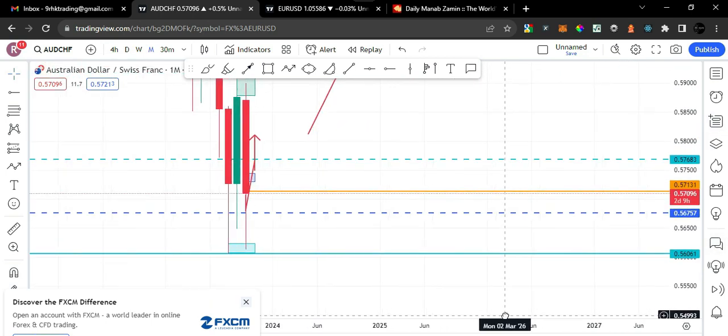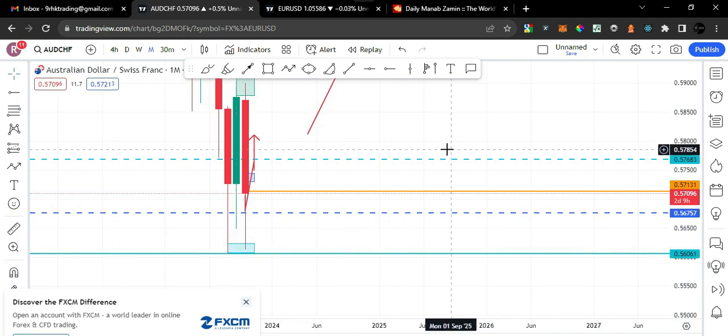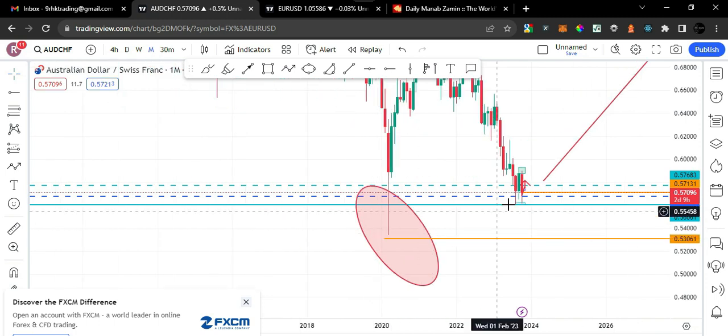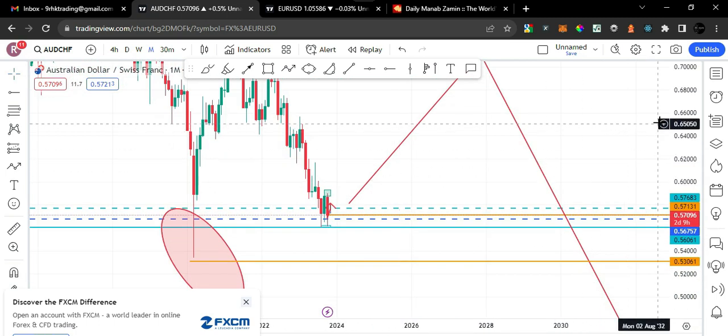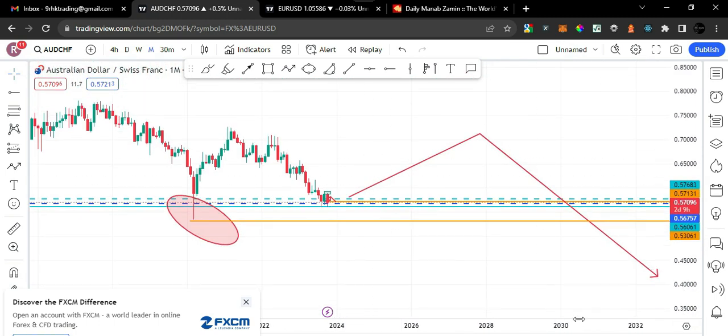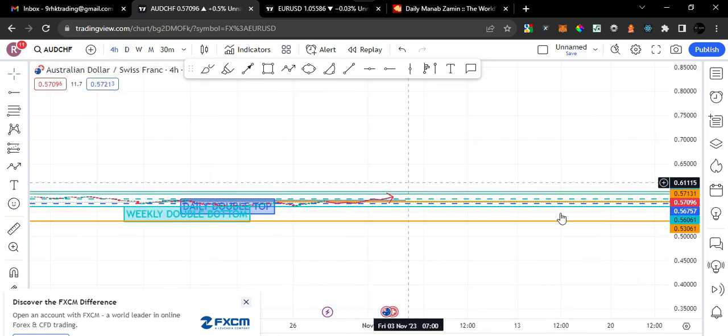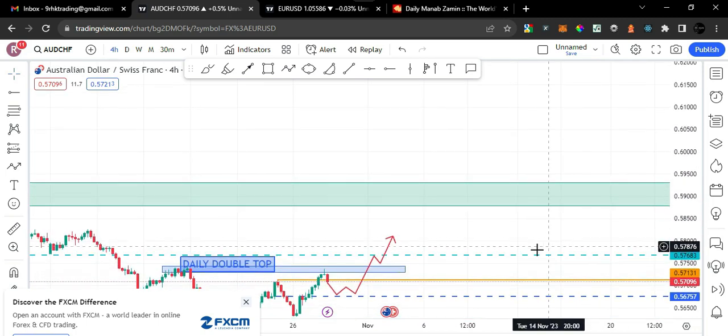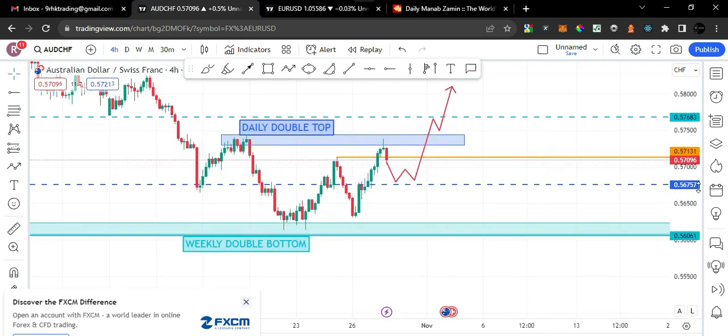As it already failed, the chances are that it will go higher, and only then will it come down. So coming back to 4 hours, we need to watch some things here very carefully so we don't miss them.